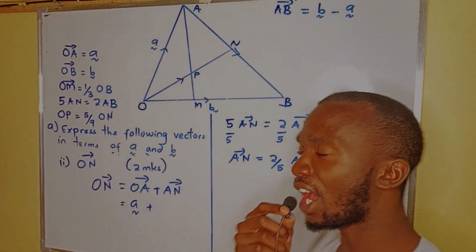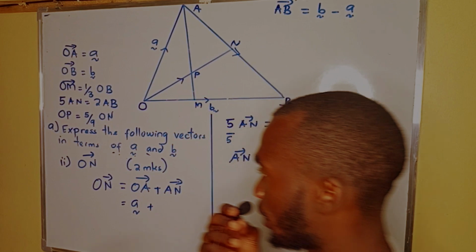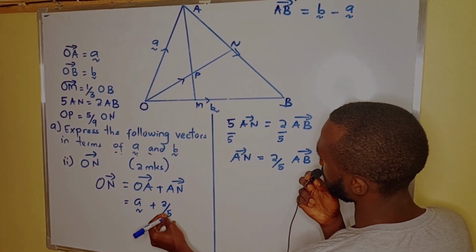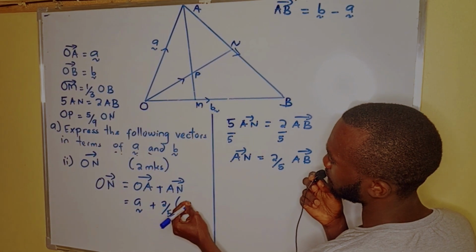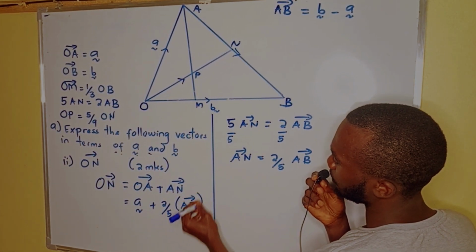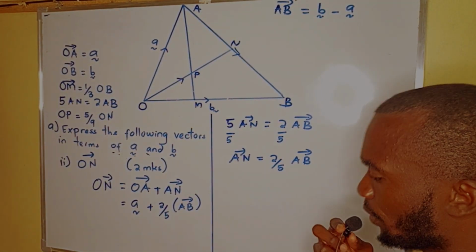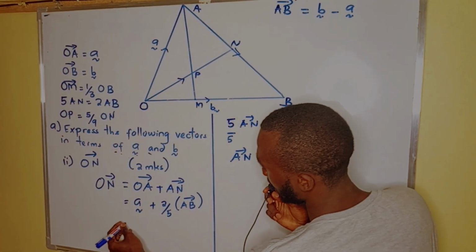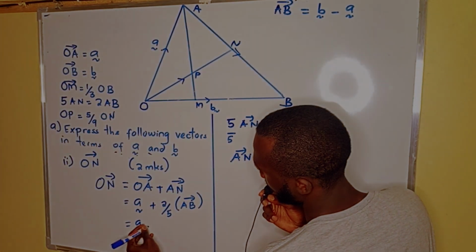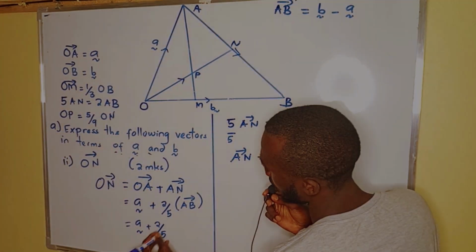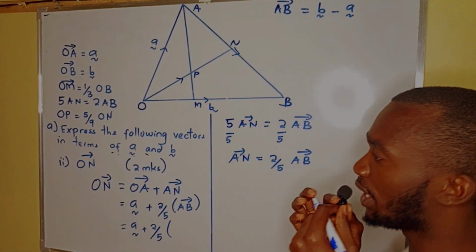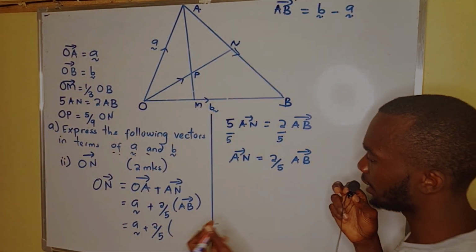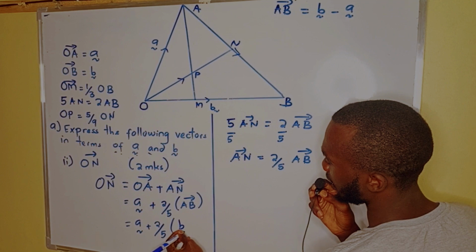So AN is the same as 2 over 5 of the total length AB. So that is length AN. Now the equation becomes a plus 2 over 5, but our AB from the first part was b minus a. So this is 2 over 5 bracket b minus a.